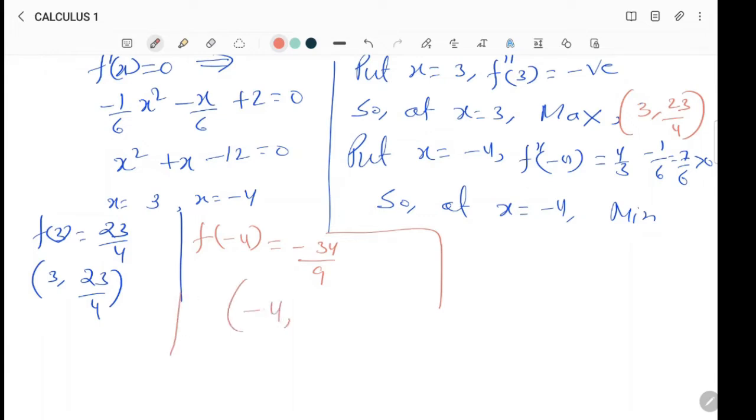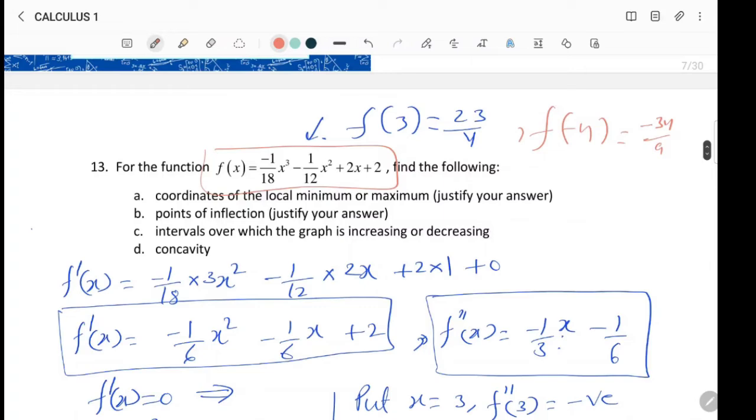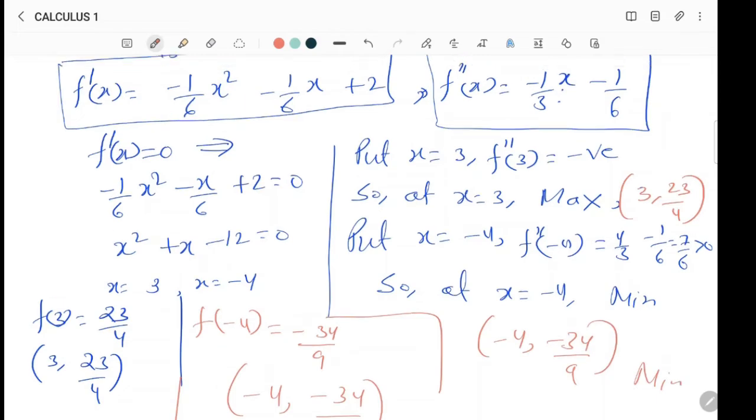So what's the coordinate? Minus 4 comma minus 34 over 9. When x is minus 4, y is minus 34 over 9, and this is the point of minimum.